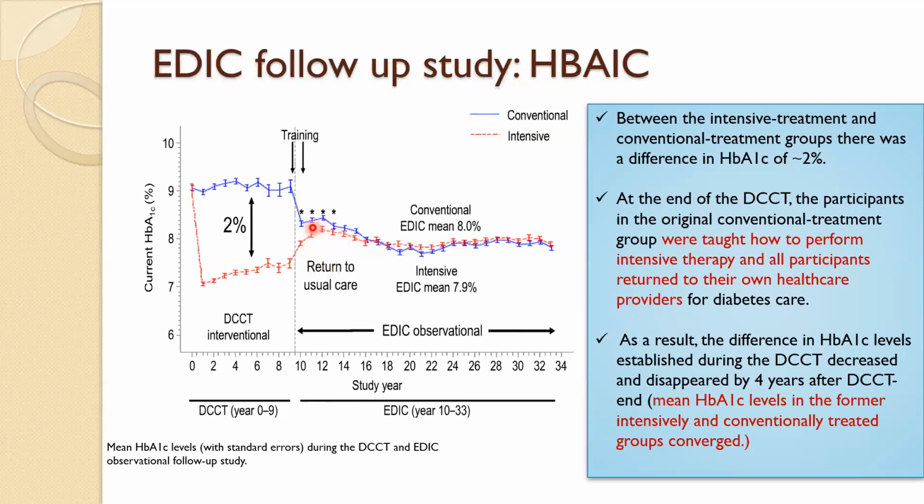All the patients, both conventional and intensive, were taken back home and taught how to use the intensive therapy. As they continued using it, 4 years later, what was noted in the EDIC study was that the HbA1c converged, in that the conventional therapy participants now had lower HbA1c converging with the intensive therapy, confirming that intensive therapy is very good at lowering HbA1c.